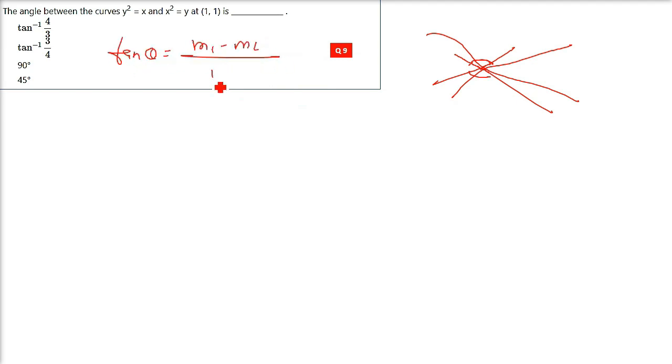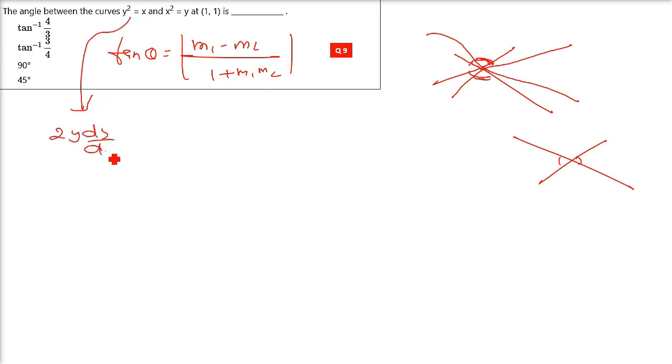The angle between two lines is (m1 − m2)/(1 + m1 m2), m1 and m2 being the slopes of these two lines. Since this can be a vertically opposite angle sometimes, we have the modulus or absolute sign.